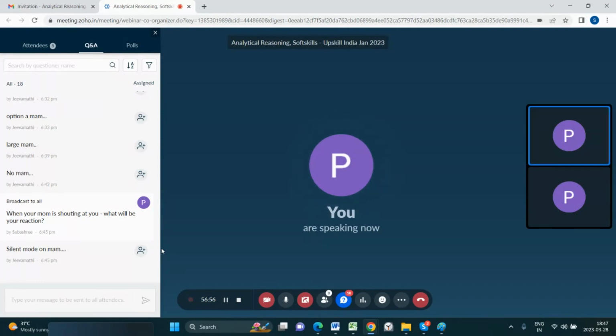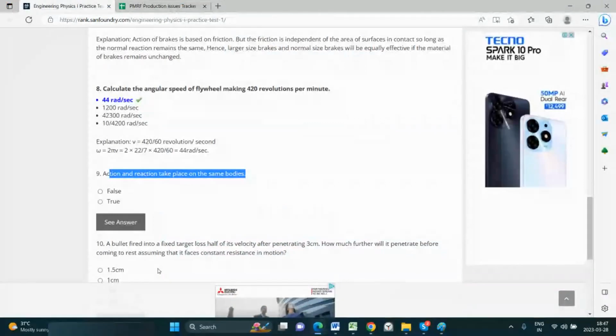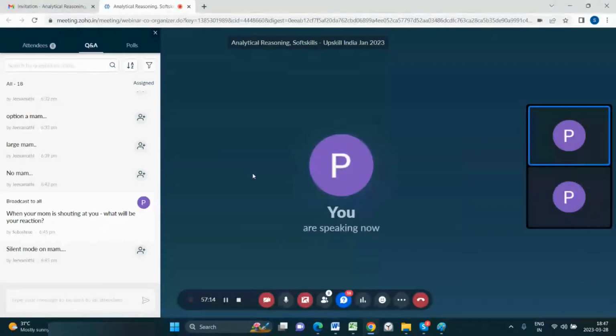Students, I want to know what will be your reaction, because that has some link with this. Action and reaction take place on the same bodies. At least Jiva has said, very good girl, good daughter. Good.